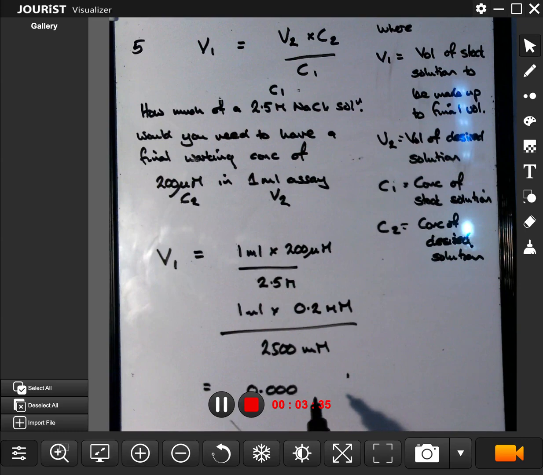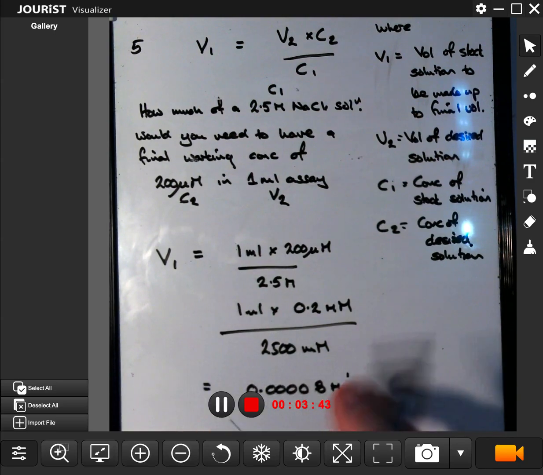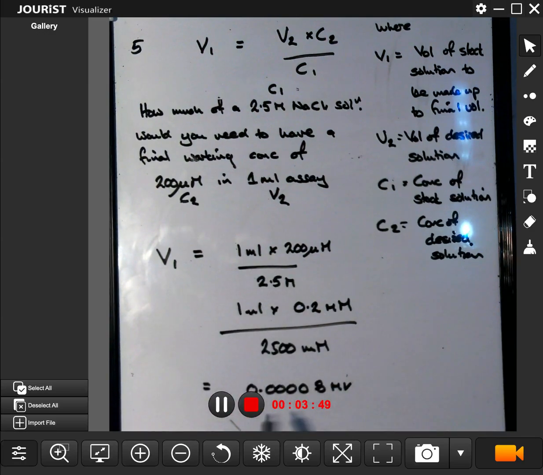We get 8. Remember we're calculating a volume here, so we're working in milliliters, and this answer is also going to be in milliliters. So we've got 0.00008 milliliters. That's a very, very small number.